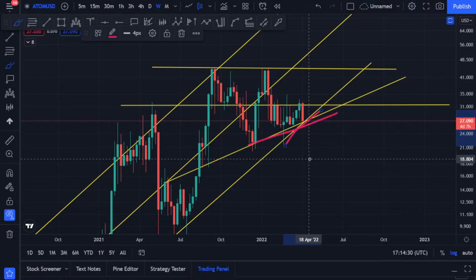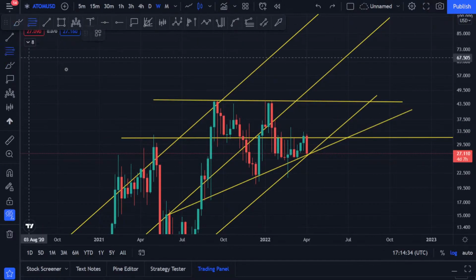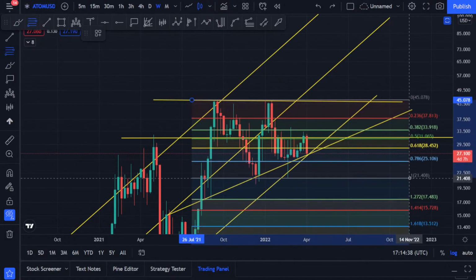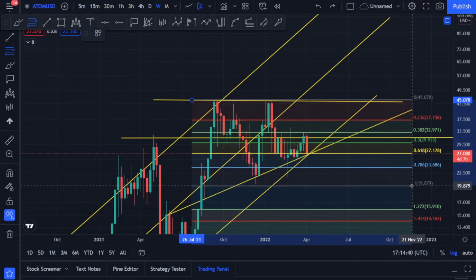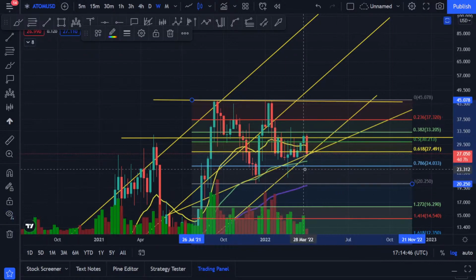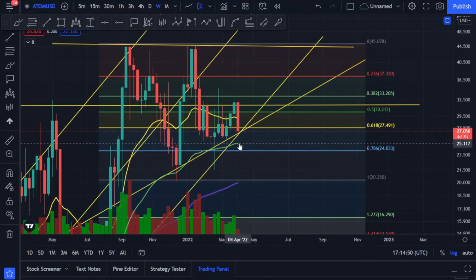So keep that in your mind. And if it goes down, where can it go? It can come all the way down to the 0.786 level, at 24 cents. Even if you look at it in the EMAs, you can see where the 55 moving average is. It's right below this support line. So this is it for Atom. I hope this answered your question, Paul.